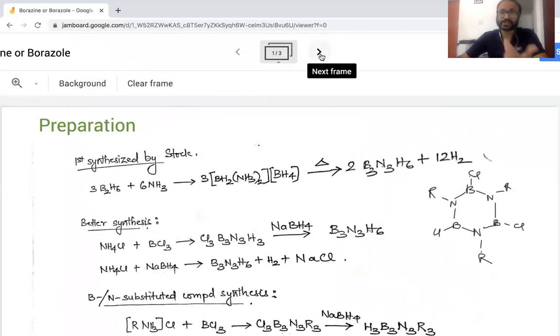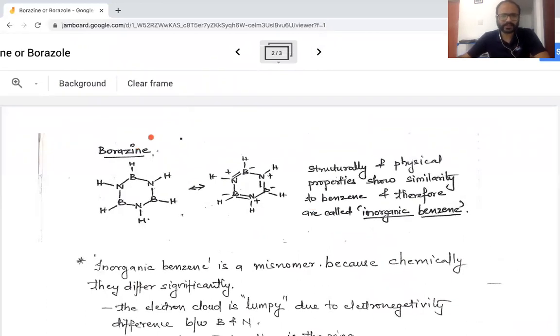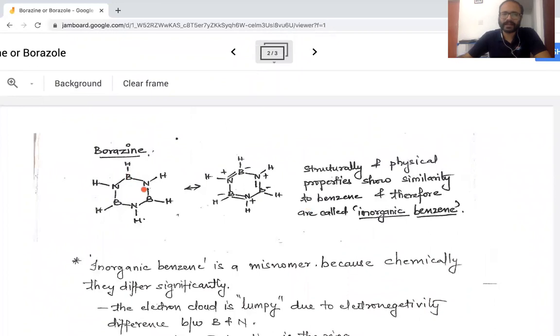Let's look into the structure of the Borazine molecule. This is the one that I drew on the previous slide. Here you have the borons attached to the nitrogen atoms in an alternating manner to form a hexagon, with hydrogens attached at each boron and nitrogen.